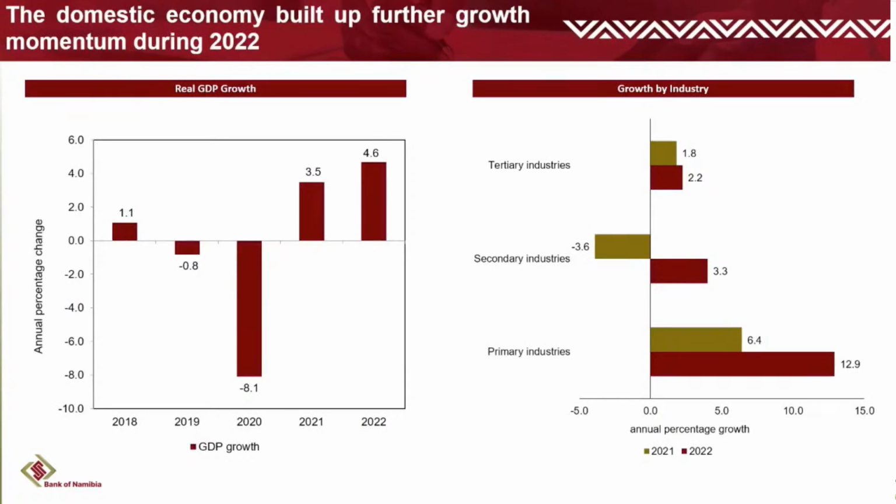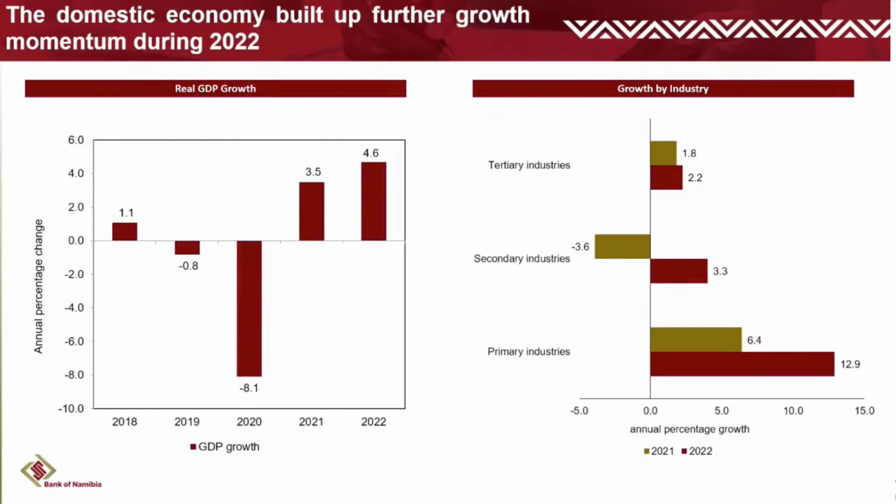If we come back home and look at the domestic economy, it built up further growth and momentum during 2022. So notwithstanding the challenging global environment, the domestic economy built up further growth and momentum on the back of improved economic activity across all three main industry groupings. Growth in the Namibian economy accelerated, and that's the latest figure we received this morning.